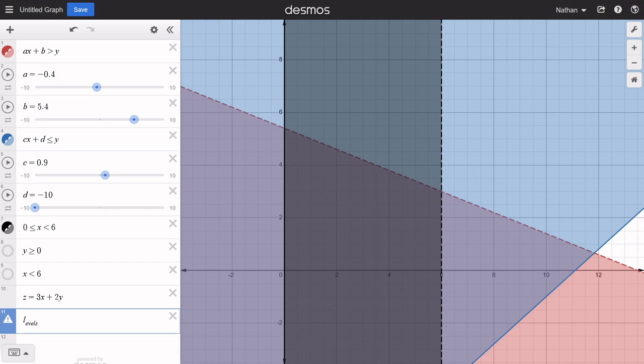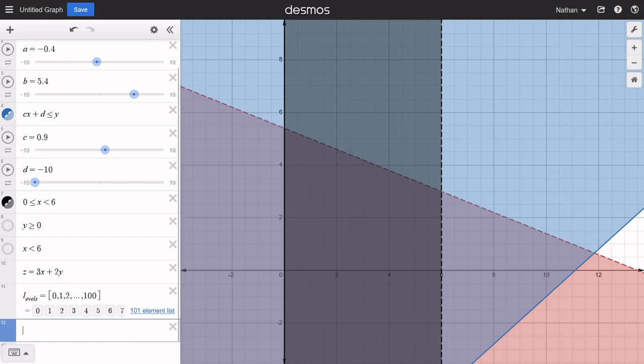This is a very similar idea in that we're talking about levels of the objective function. In this case, I'm just going to create a list, and it's going to be 0, 1, 2, on up to 100, because I'm not sure how many I need. And then I'm going to create our objective function, 3x plus 2y, and I'm going to make it equal to levels.